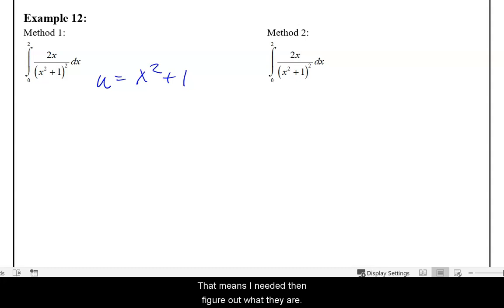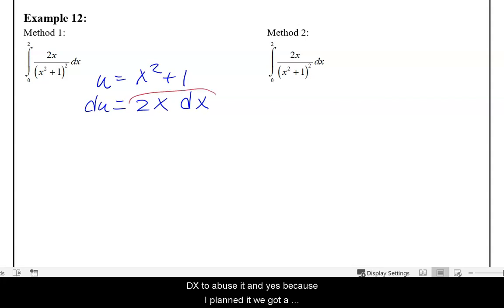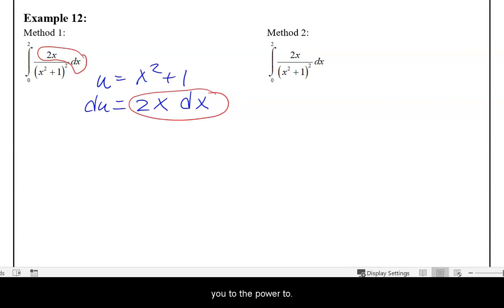That means I need to then figure out what they are. First, we'll find du, which is 2x dx, and yes, because I planned it, we got a 2x dx, which is the part that's not going to be replaced by u to the power 2. Now, let's deal with those limits of integration.